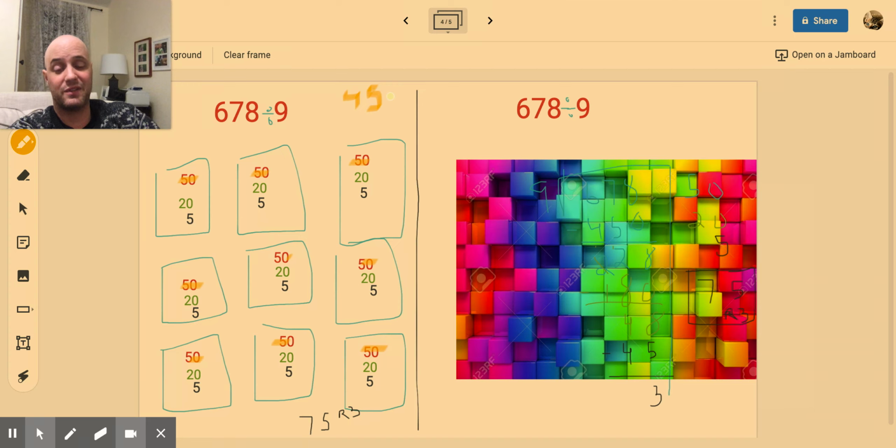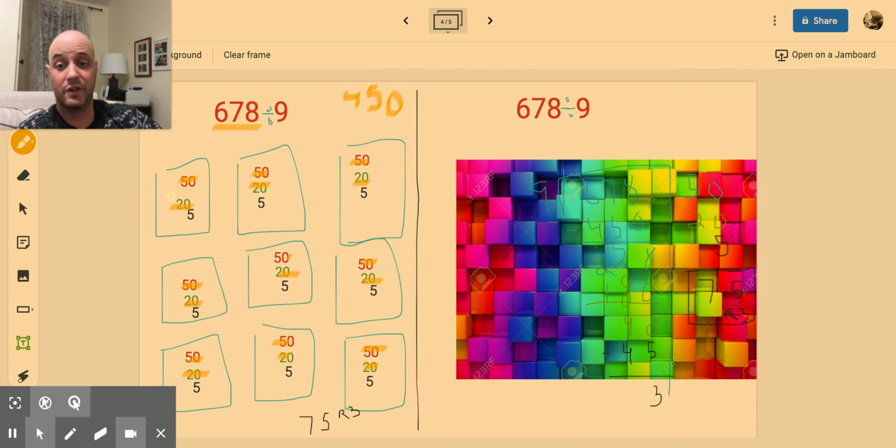Okay, that's obviously, we still have more to go. We haven't divided up the 678 yet. So what if I put 20 in each? 20, 40, 60, 80, 100, 120, 140, 160, 180.